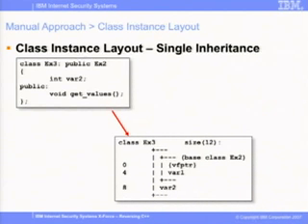What will happen is that if you inherit from another class, its class instance will be embedded into the derived class instance, and it will be placed before the derived class's own instance data. As you can see, the previous layout that I showed for x2 is embedded before var2 in x3's instance layout.